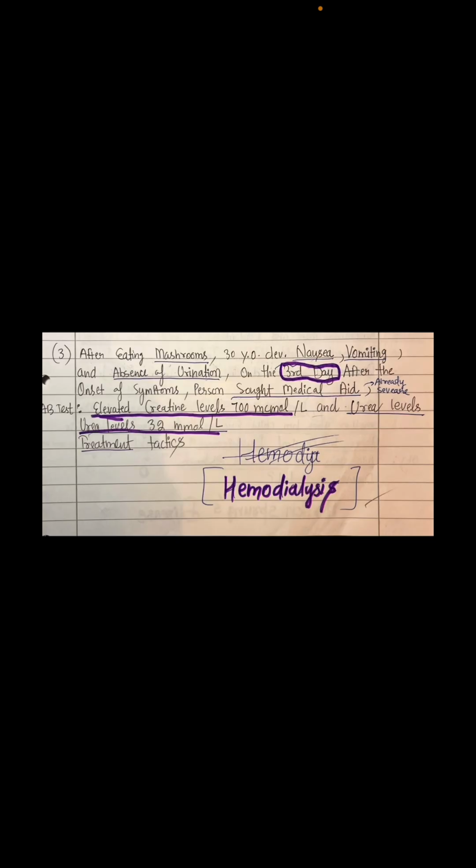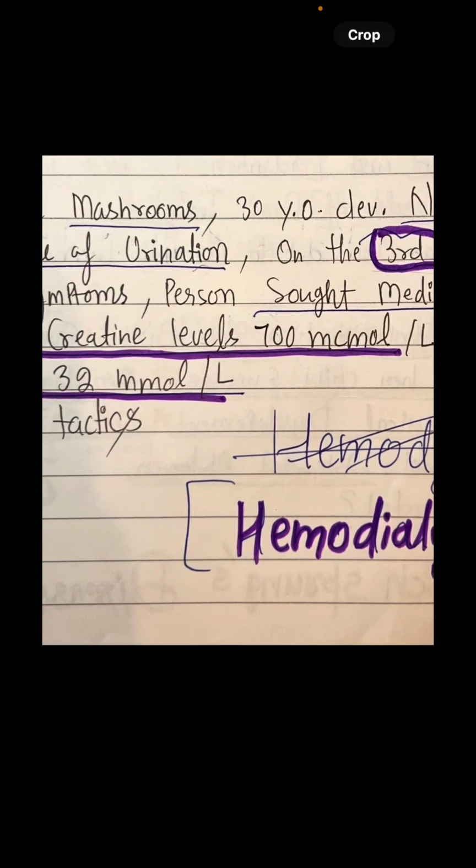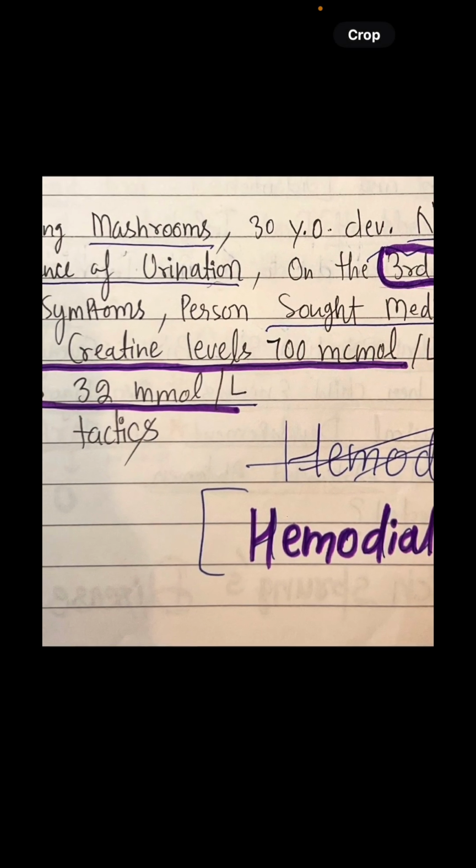So think how many times it is elevated. Creatinine levels should be 1, friends, and here they are far more than 1, like 699 times elevated. And urea levels are 32. I'll let you know about normal urea levels also in some corner, but just know here that urea levels are very high in this case.